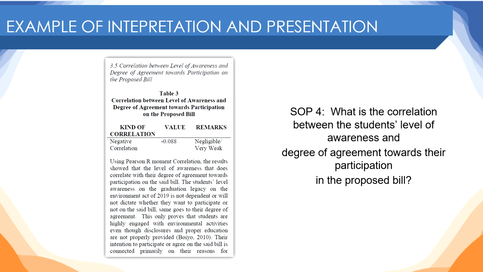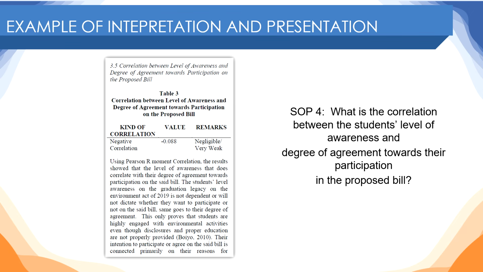But remember, correlation does not automatically establish causation or a cause and effect relationship. If two variables are related, we cannot immediately conclude that one variable caused the other. So at this point, we need to remember one very important rule: do not interpret data without going back to your research question.